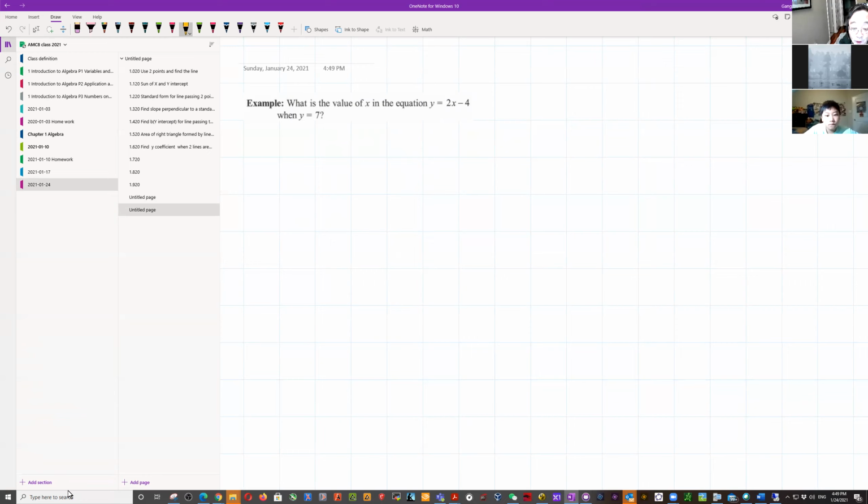This basically just means plugging in. It's like calculating the x-intercept, or actually not the x-intercept, just the x value when y equals 7. So you plug in 7: 7 equals 2x minus 4, and 2x equals 11, and x equals 11 over 2. And this is just evaluating the simple ones.